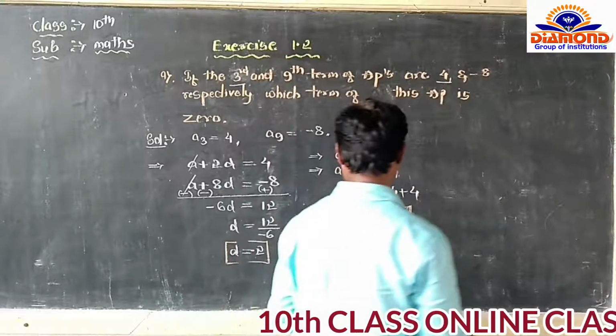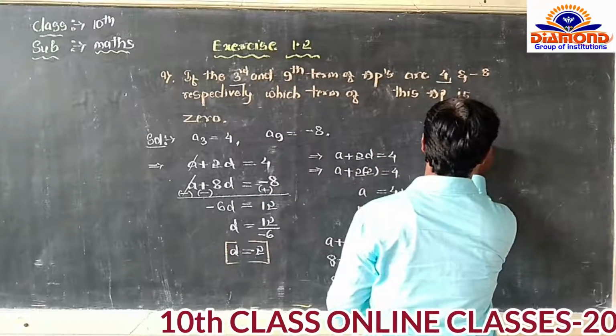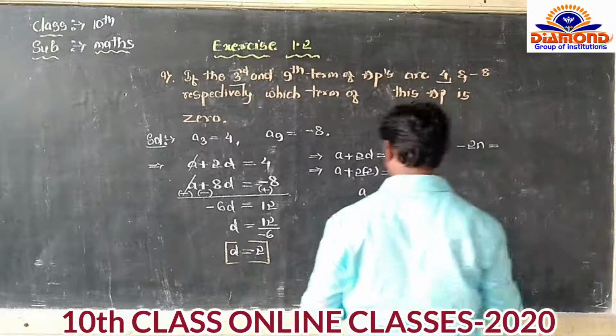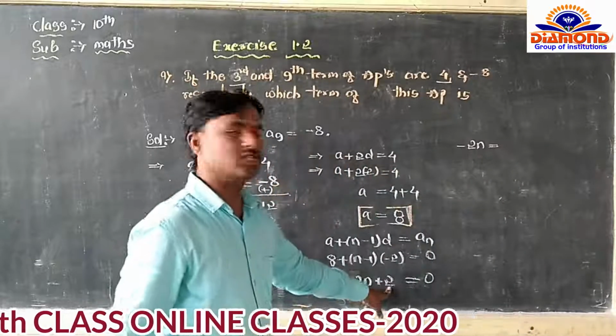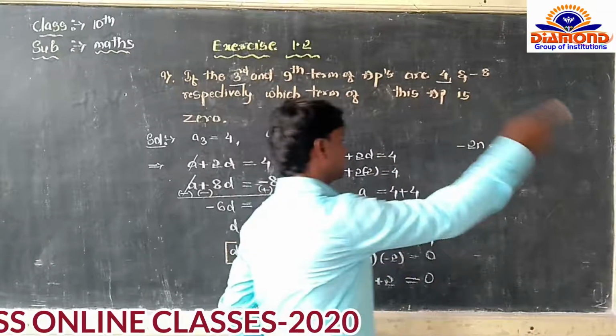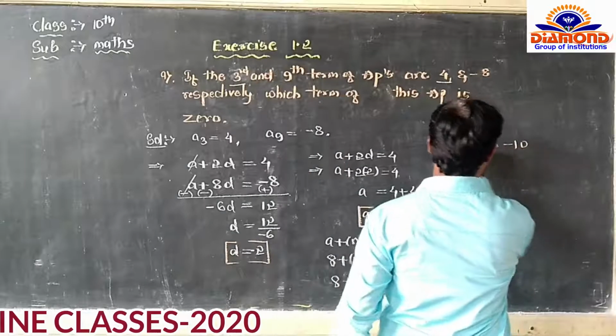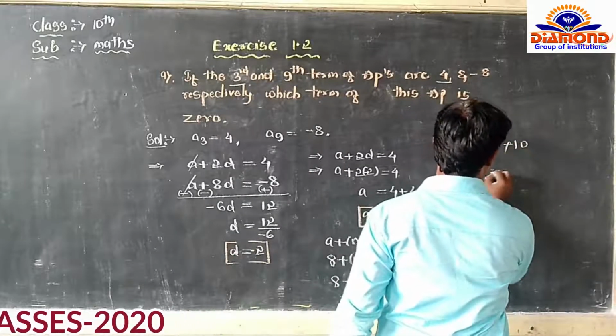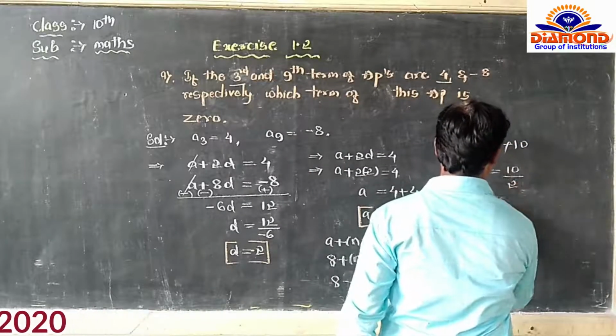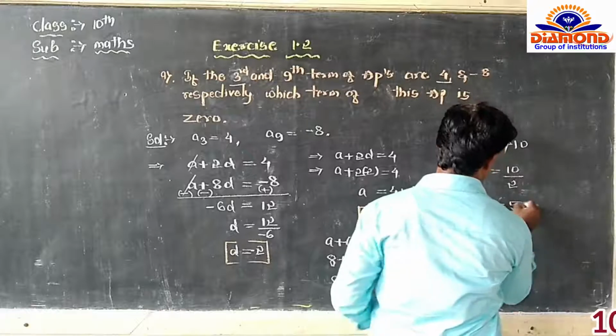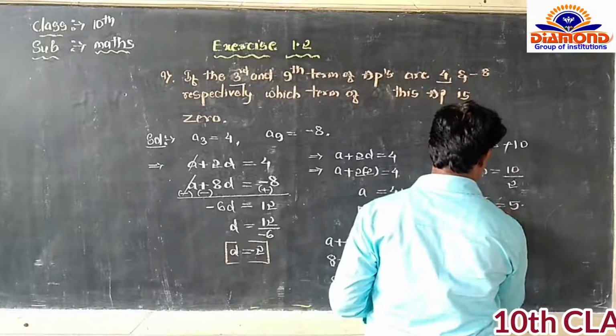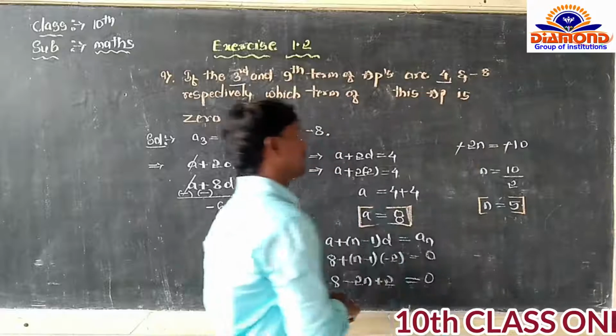Next step, dear students, here minus 2n as it is equal to plus 8 plus 2 is equal to plus 10. Transfer this side, minus 10, minus both get cancelled. N is equal to 10 by 2, n is equal to 5. Means fifth term is the 0 of the given sequence.